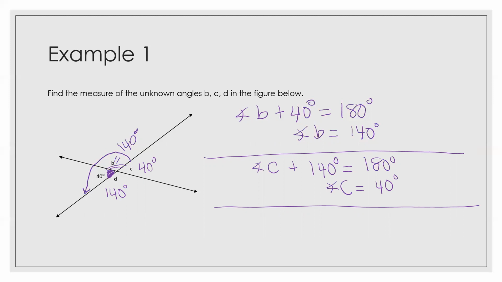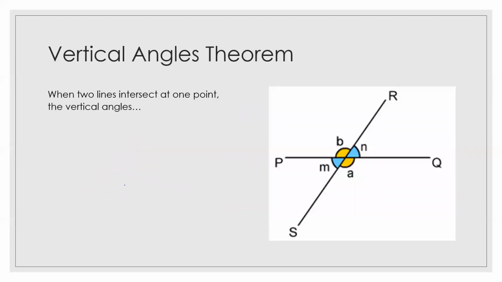Stare at that for a second. And let's take a look. Is that what you saw? Something like that. So angles that are opposite to each other when you have two lines intersecting at a point, for example, angle M and angle N, those are what we call vertical angles.